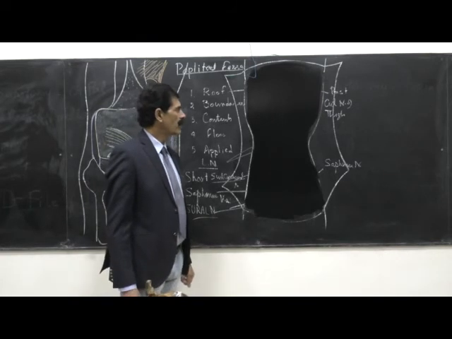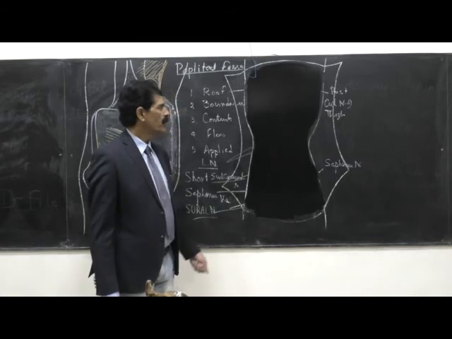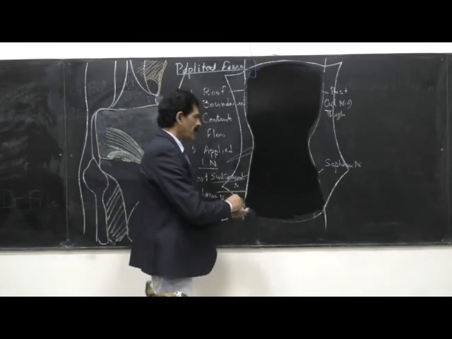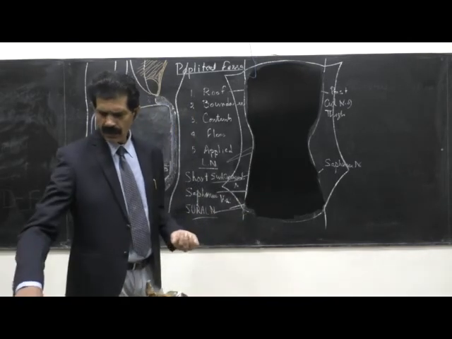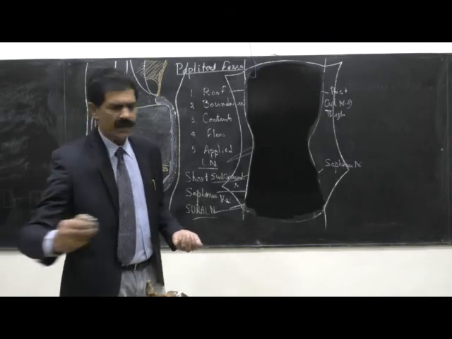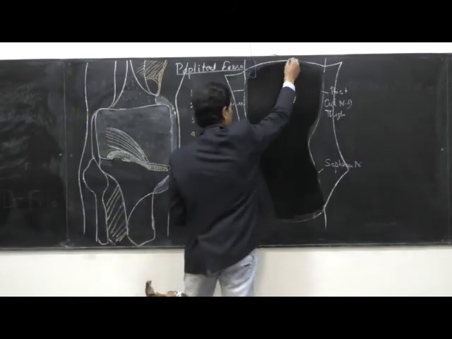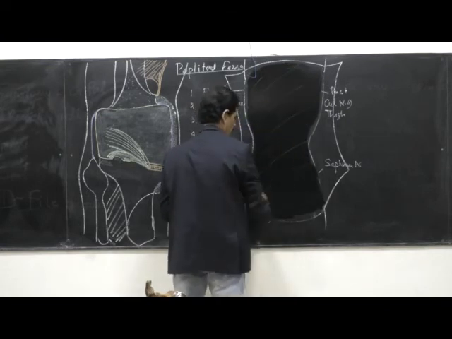So this is how we see all the structures here. The deep fascia is everywhere over the popliteal fossa after removing the superficial fascia.